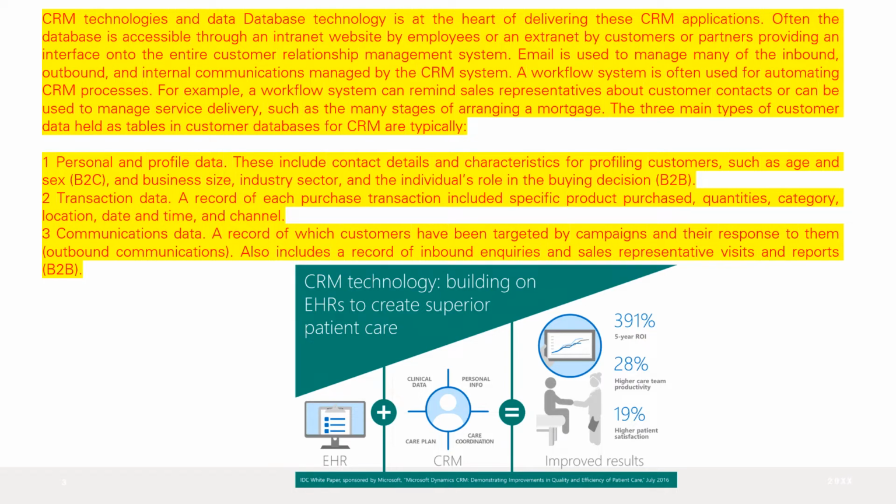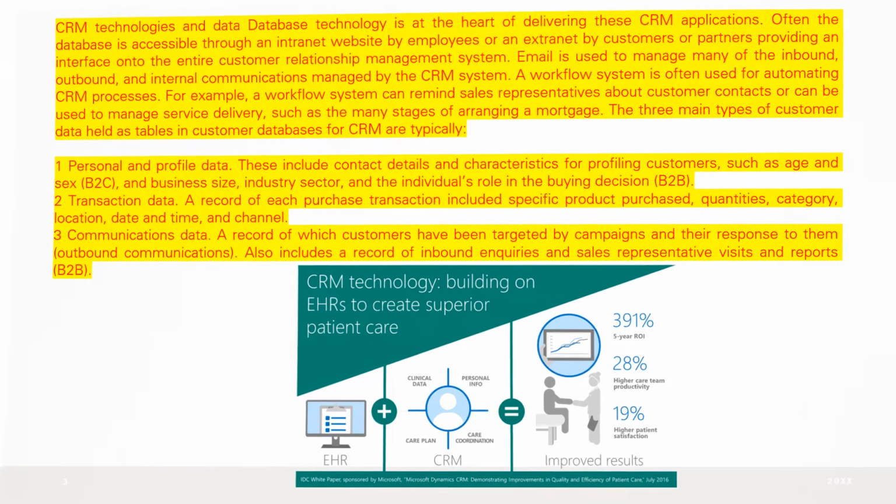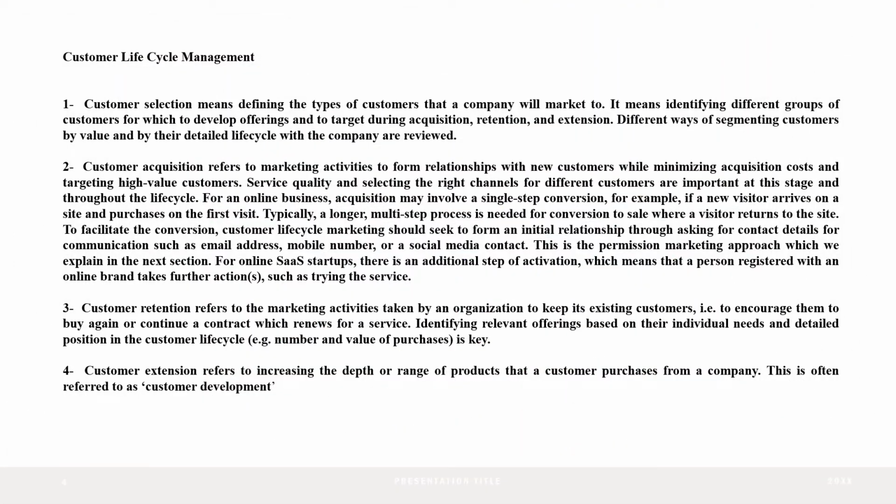A record of each purchase transaction including specific product purchased, quantities, category, location, date and time, and channel where purchased. 3. Communications data. A record of which customers have been targeted by campaigns and their response to them. Outbound communications also includes a record of inbound inquiries and sales representative visits and reports, B2B.